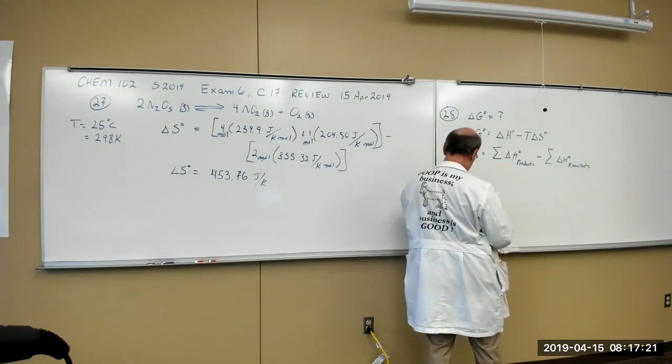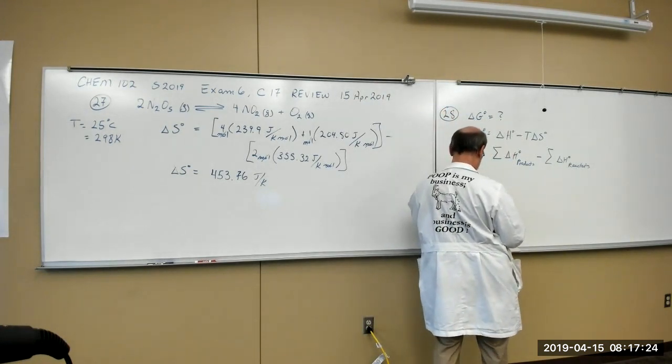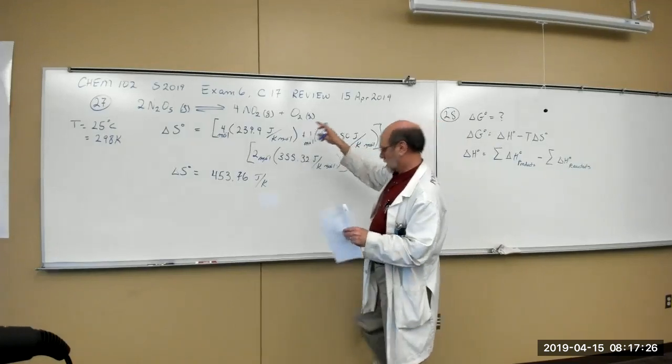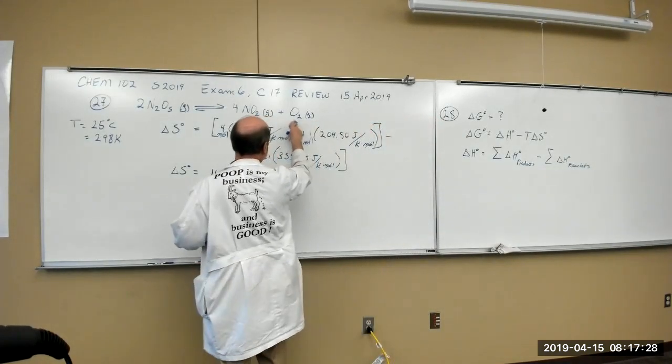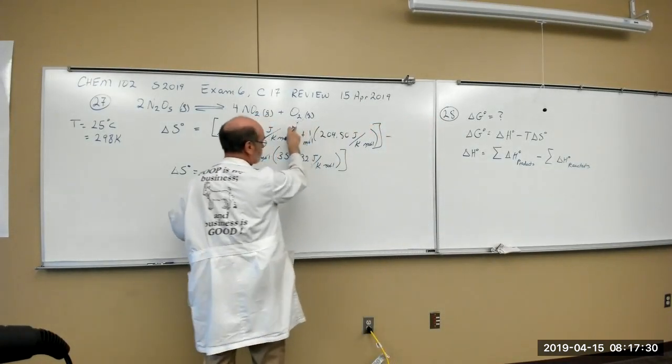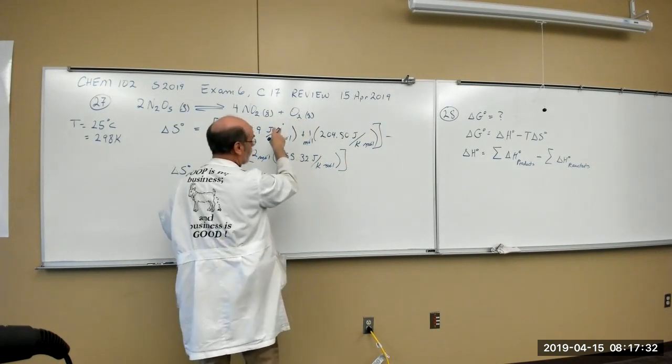So we need, and a delta H for this element, oxygen, is going to be 0. So we don't have to include that one.